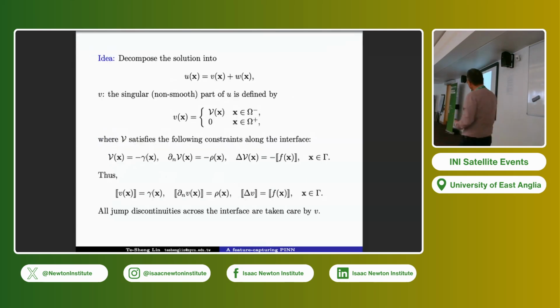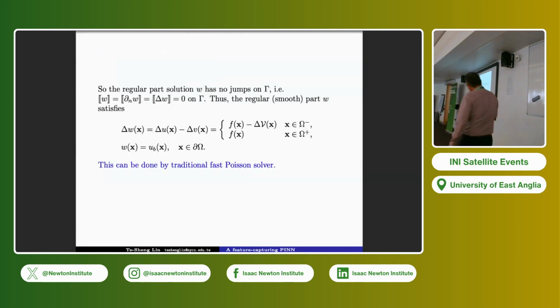The idea is very simple. The solution will be decomposed into two parts. One captures all the discontinuities, which we call the singular part, and one is regular. The singular part accounts for all the jump discontinuities in the function value, in the normal derivative, and in the Laplacian. The regular part, W, will be totally smooth, with zero jump, zero normal jump, and zero Laplacian jump, so it can be solved by a traditional fast Poisson solver.